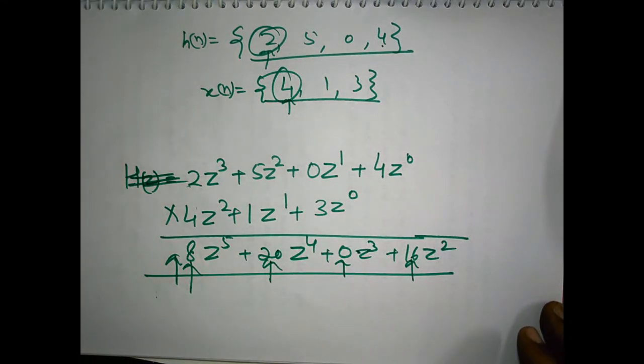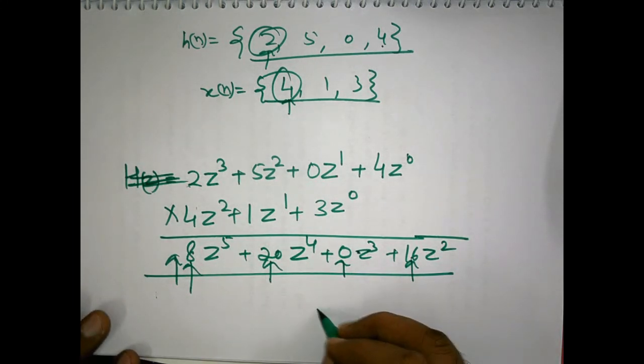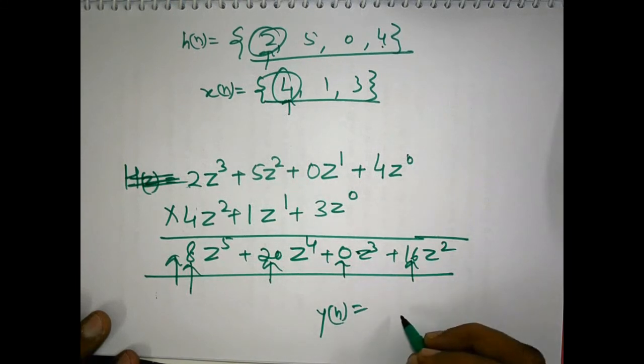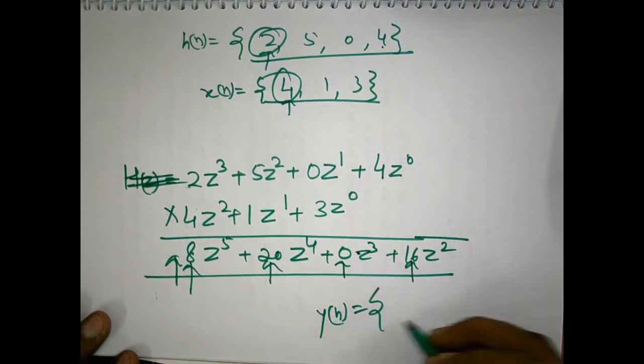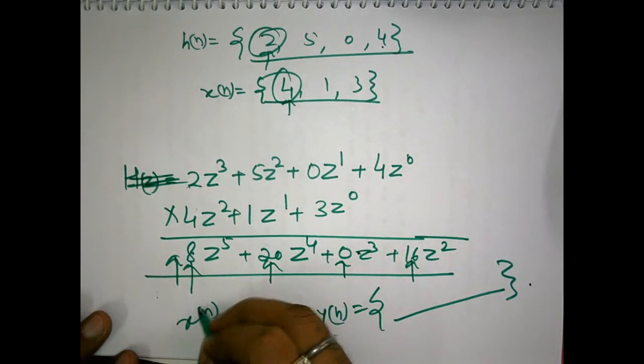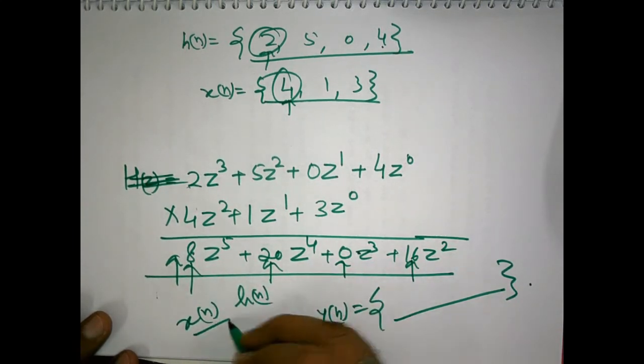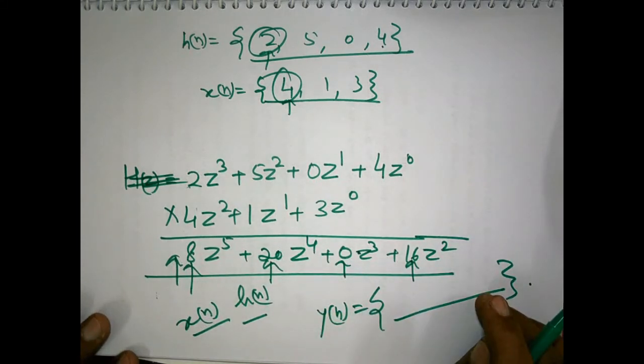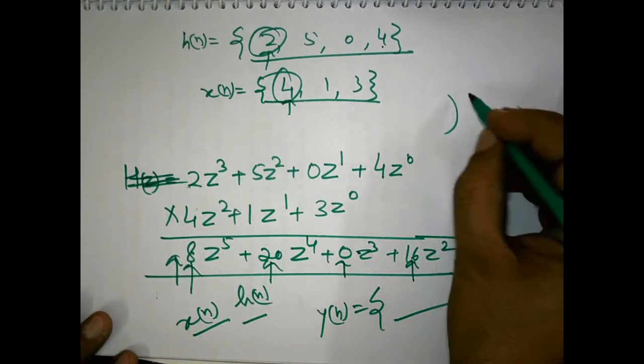You can also obtain deconvolution using polynomial division method. Deconvolution means if suppose yn is given to you, you form a polynomial corresponding to that yn, and if either of the xn or hn is given to you, you form a polynomial for xn or hn and you get it divided.